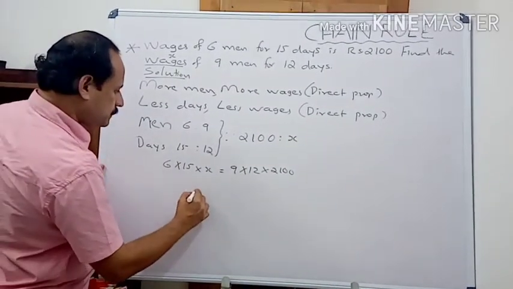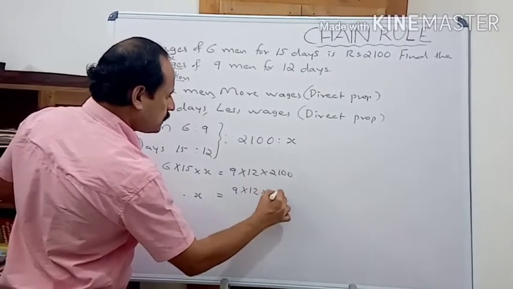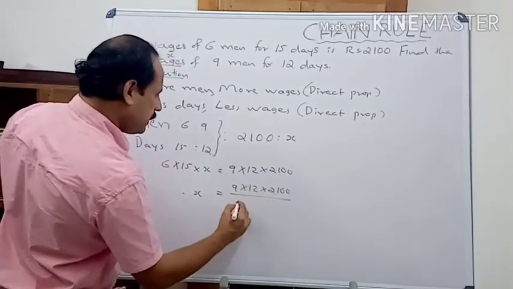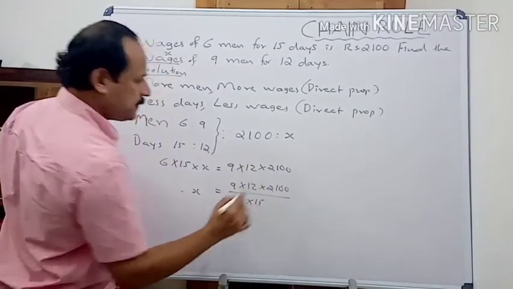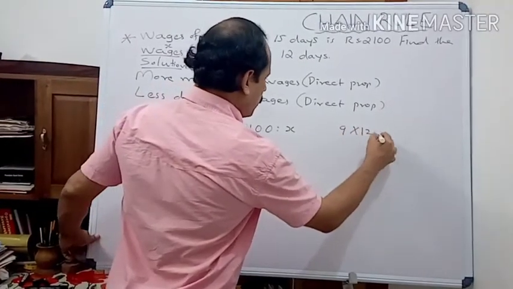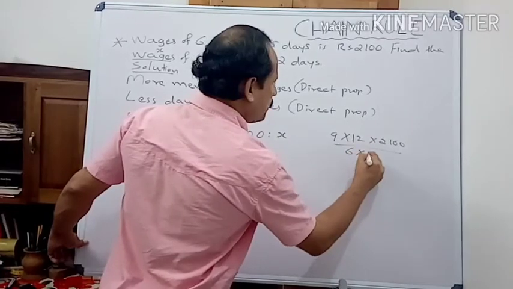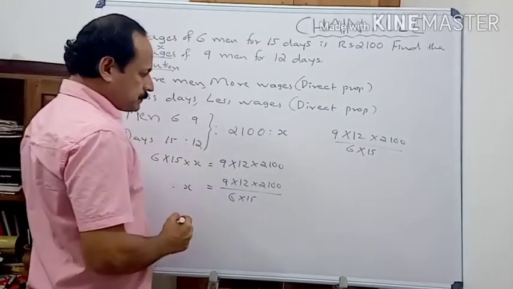And therefore, x equal to 9 into 12 into 2100 by 6 into 15. And remains only simplification.